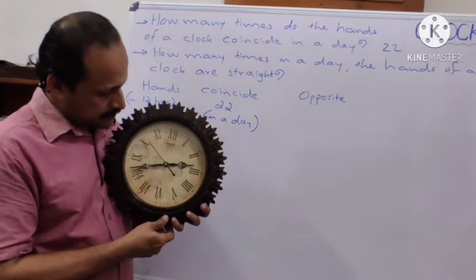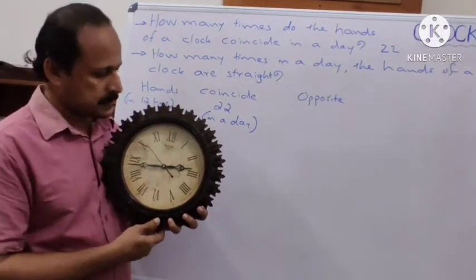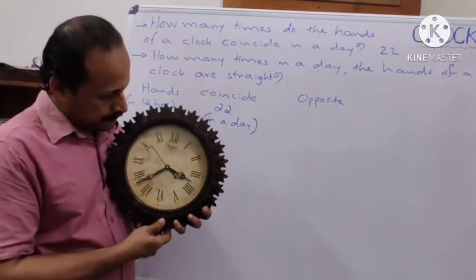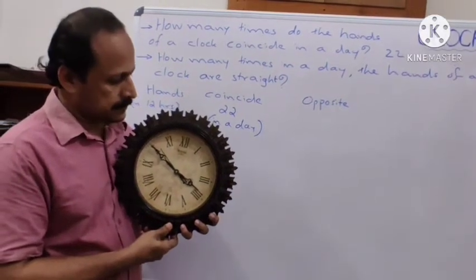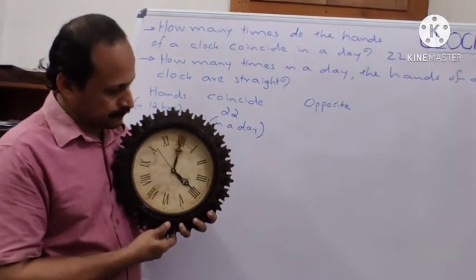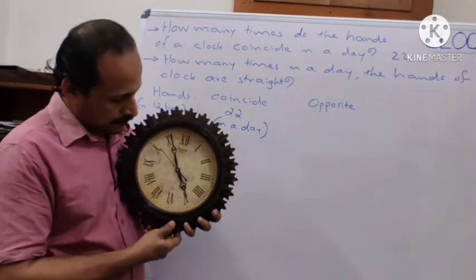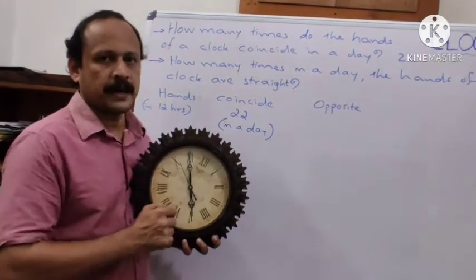Next time is between 2 o'clock and 3 o'clock. That is the third case. This is the fourth case, between 3 and 4. And here they are in opposite direction.